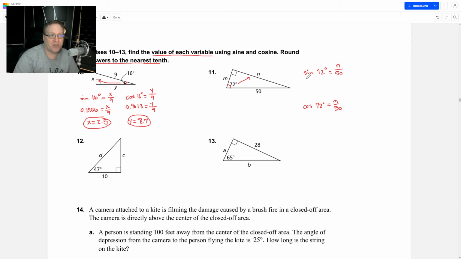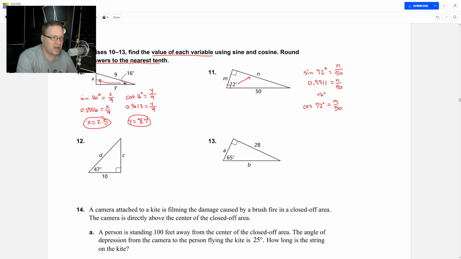Now I'm going to use my calculator. We need to find the sine of 72. And that equals 0.9511. 0.9511 equals n over 50.